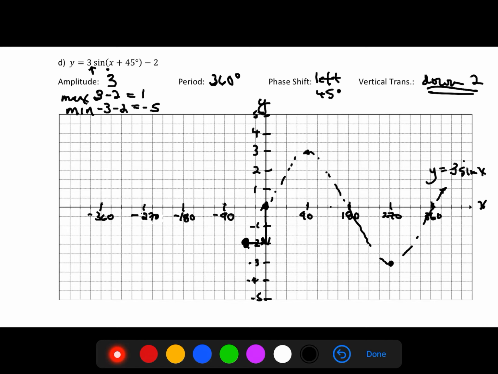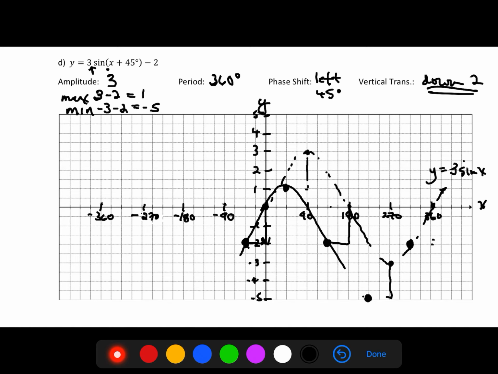So our original point here comes down to here, and we can do this point by point, or we can use key points. We know that we can use key points as well. This one is going to come again down 2 units, left 2 blocks, down 2 units, left 2 blocks, down 2 units, left 2 blocks, etc. And remember, it's not necessarily blocks, it's amount.